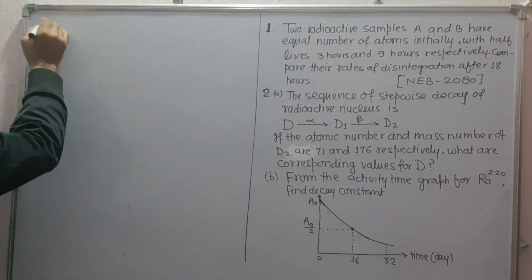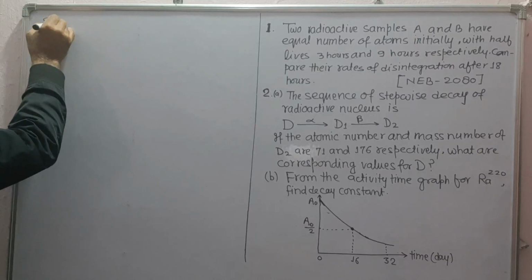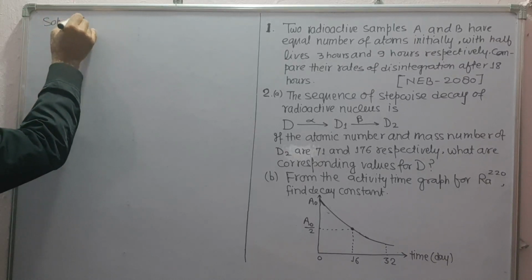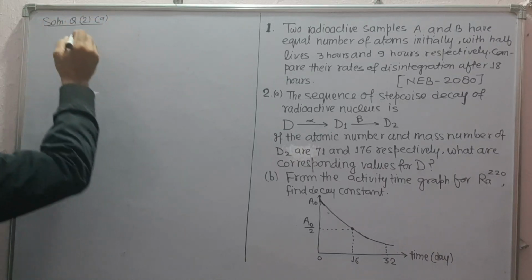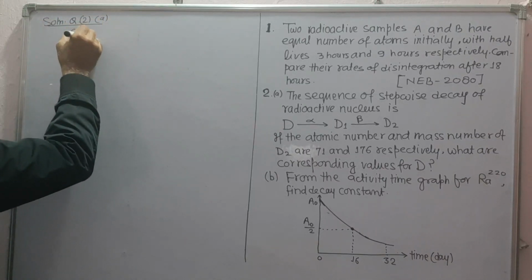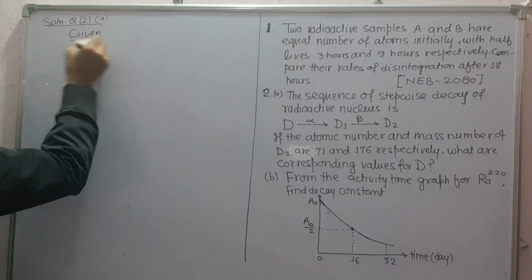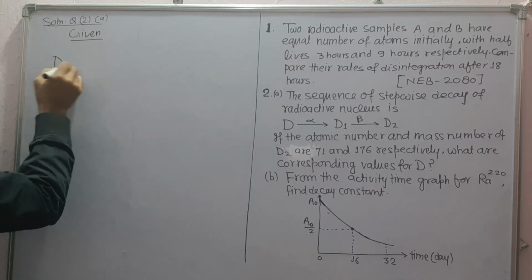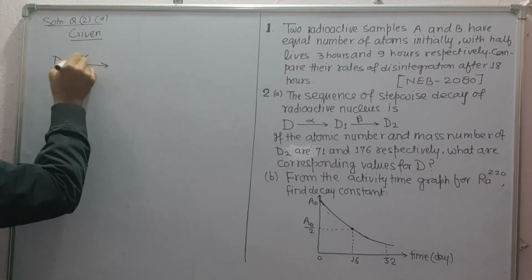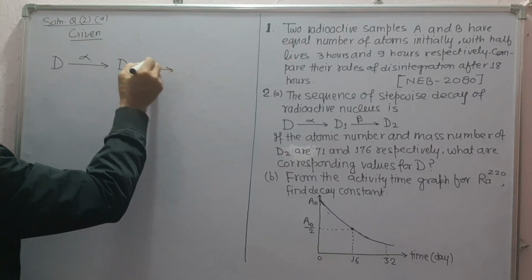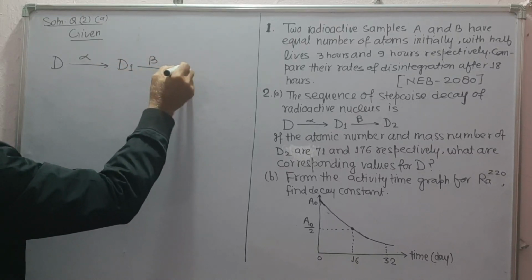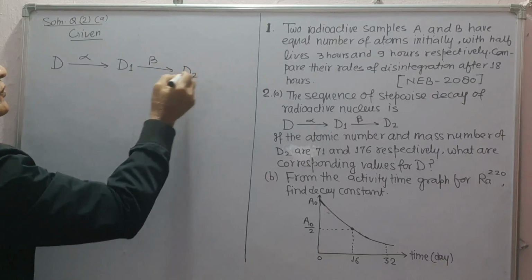Now, solution to question 2a. Here we have nucleus D emits alpha particle and becomes D1. D1 emits beta particle and becomes D2.